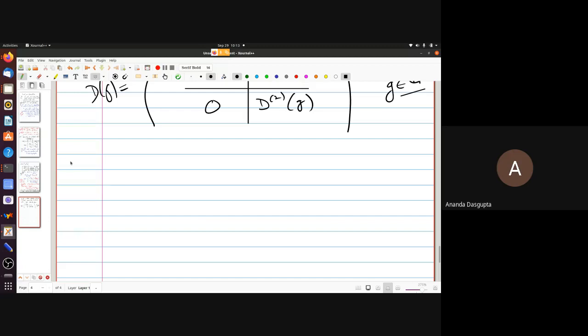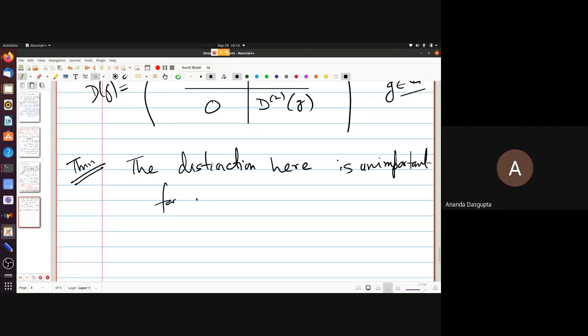The important theorem that we have here is the distinction here is unimportant for finite groups. So that's really not a theorem, and nobody writes this as a theorem in a math text. But this is really what will follow.